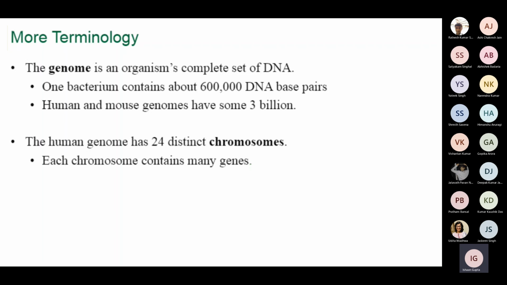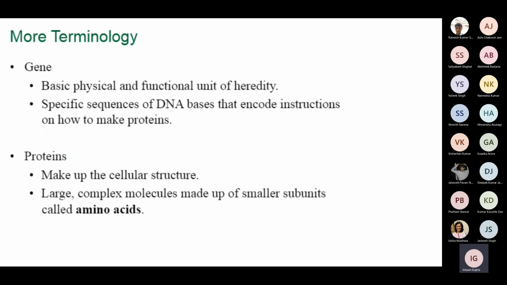So whenever we talk about base pairs, if a bacterium has 500,000 or 5 lakh base pairs, you would essentially be talking about 1 million bases. Similarly, the human genome has 3 billion base pairs or 6 billion bases. In the human genome, the bases are organized in 24 distinct chromosomes: 22 are autosomes, and 2 are sex chromosomes.